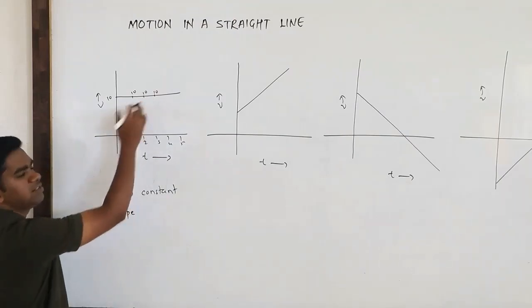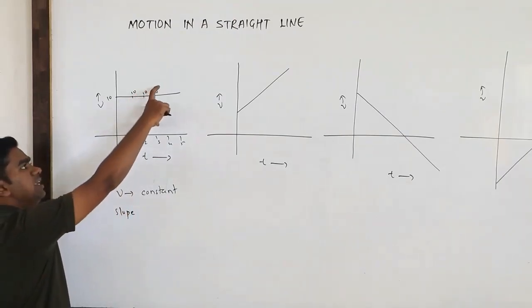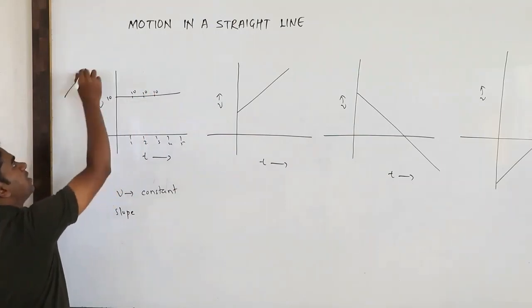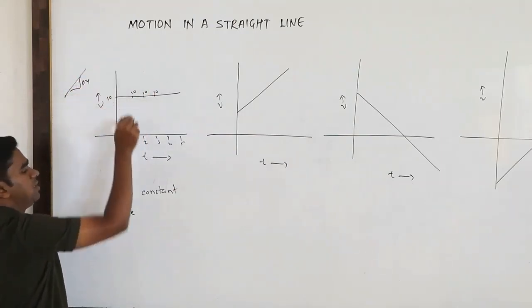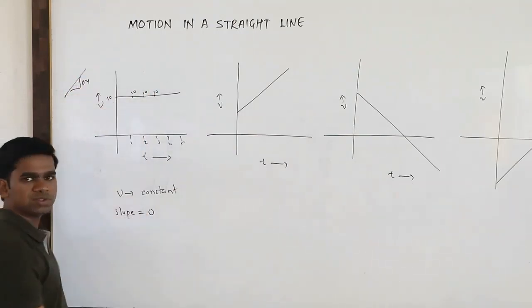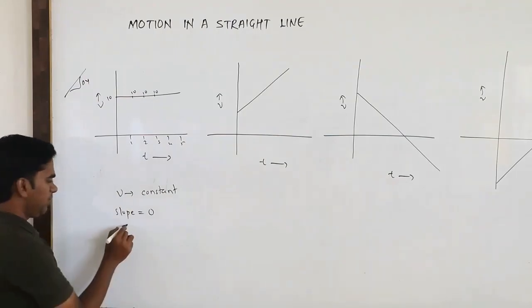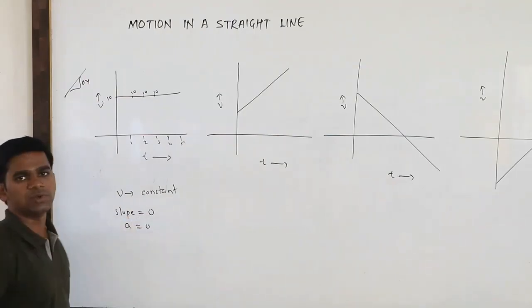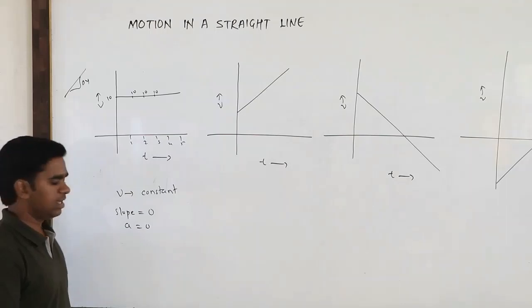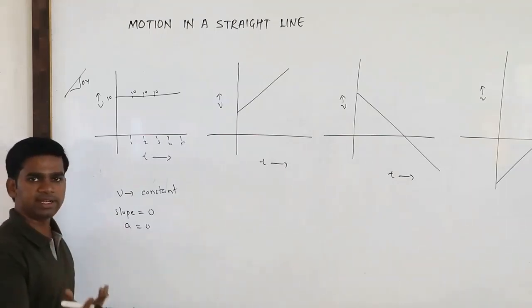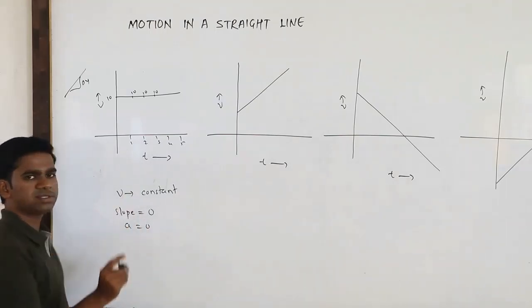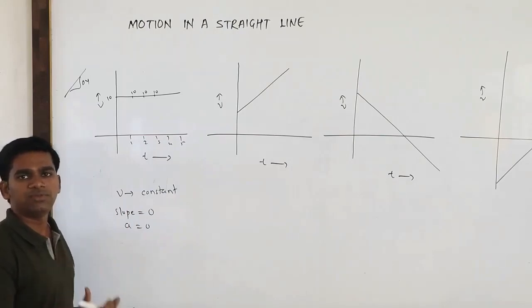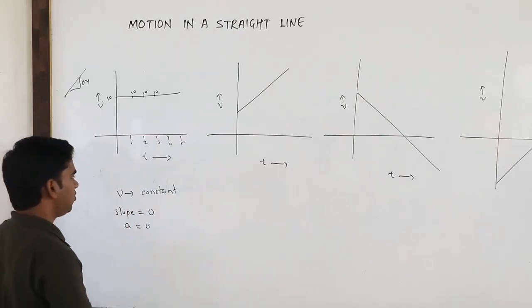You cannot calculate the slope here because delta y is not there. That means slope is going to be 0. That means acceleration is 0. Okay. That means the body is not accelerating. It is moving with some constant velocity, meaning uniform velocity.